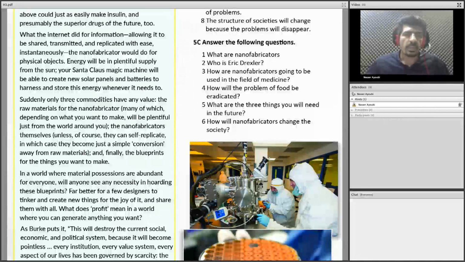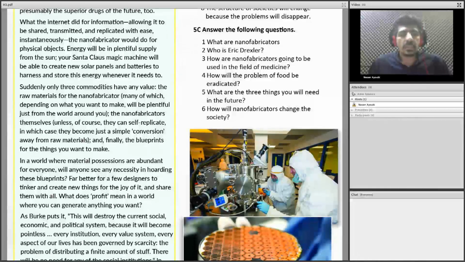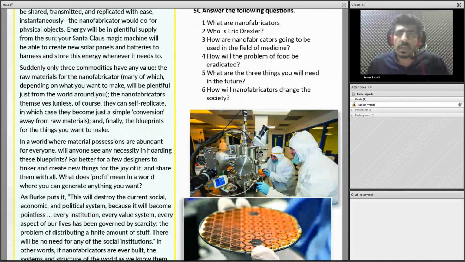You know, the writer metaphorically refers to nanofabricators as the Santa Claus magic machine. To create new solar panels and batteries to harness, to control, and store, save this energy from the sun whenever it needs to.